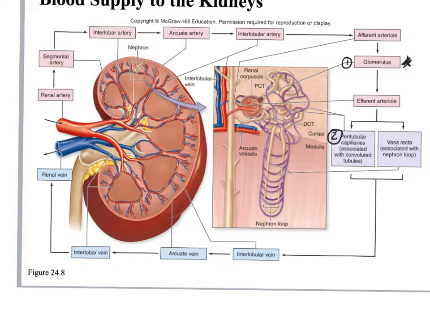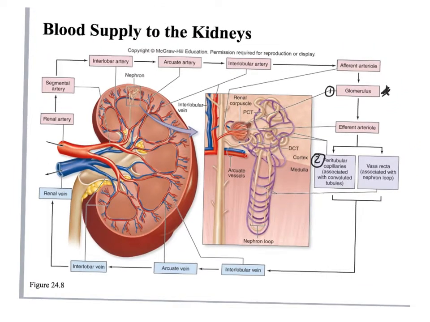If you looked at interlobar, arcuate, interlobular, that's the same as interlobar, arcuate on the back side. There's no segmental veins. There's only segmental arteries. That's the only part that's different there. Questions on blood flow through the kidney?